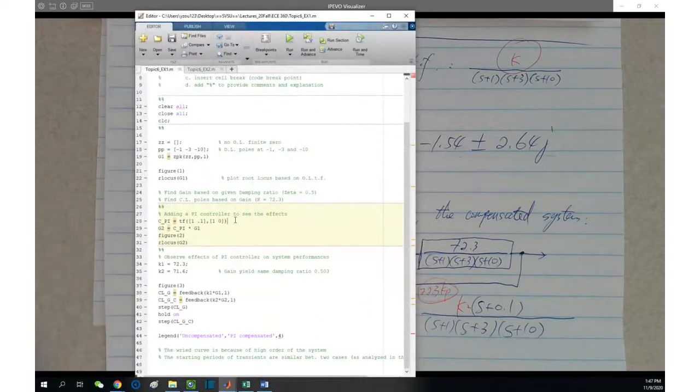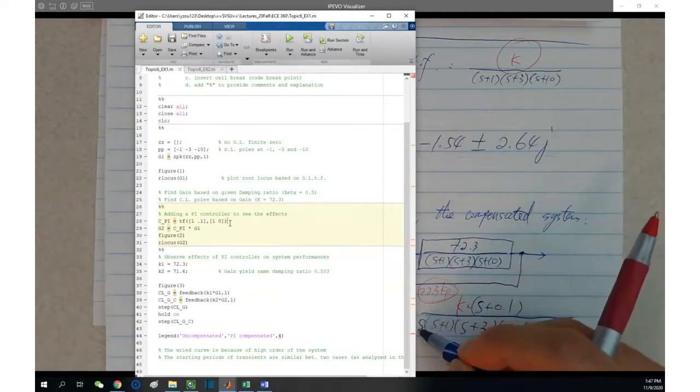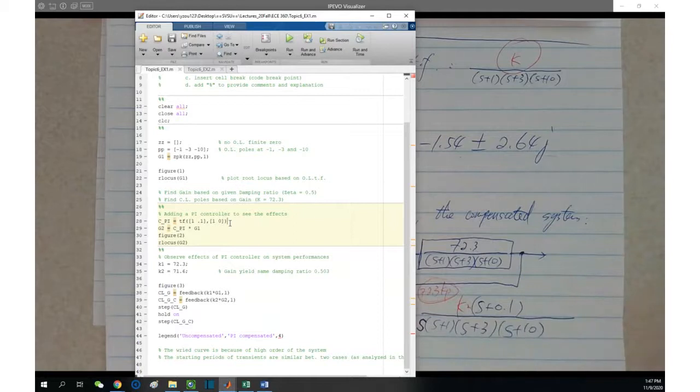This is the code. In this section, what we are doing is adding a PI controller. Oh, Sawyer is right. Don't forget this guy. We do have a 0 pole. Very good. Thank you, Sawyer. Very good.